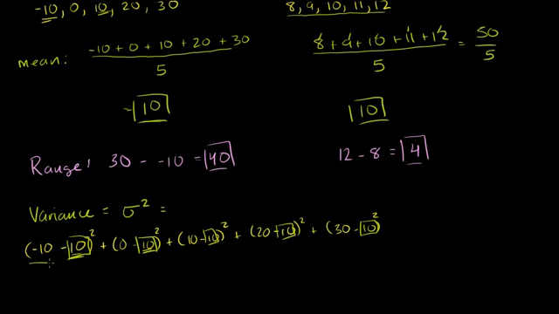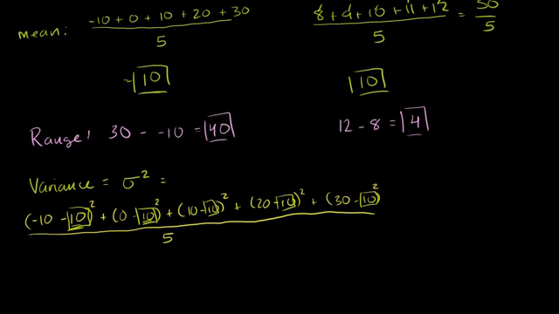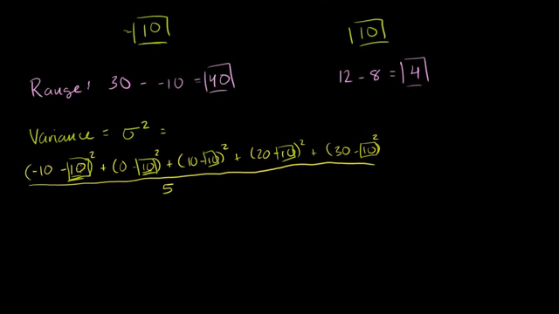So when you say it verbally, it sounds very complicated, but you're just taking each number, finding the difference between that and the mean, squaring it, and taking the average of those. I have 1, 2, 3, 4, 5, so divide by 5. So what is this going to be equal to? Negative 10 minus 10 is negative 20.